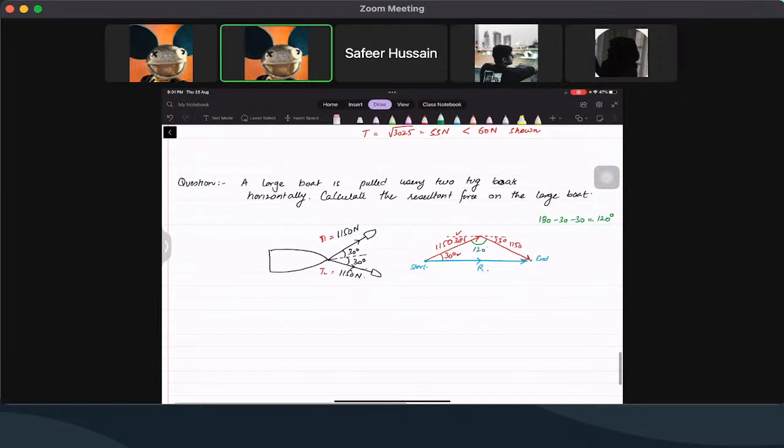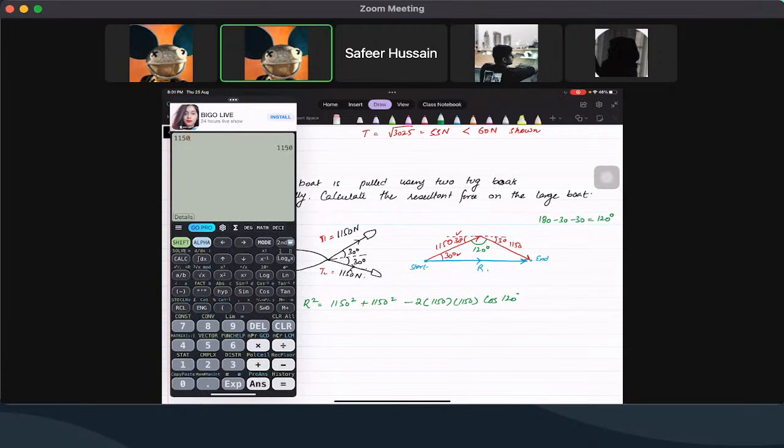Now I've got both the sides and the angle, so I'm going to use R squared equals 1150 squared plus 1150 squared minus 2 times 1150 times 1150 times cos of 120 degrees. I'm going to use my calculator.